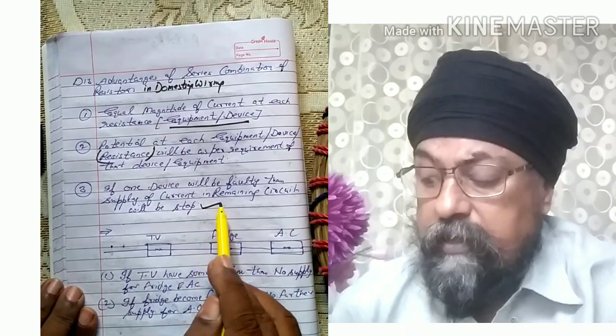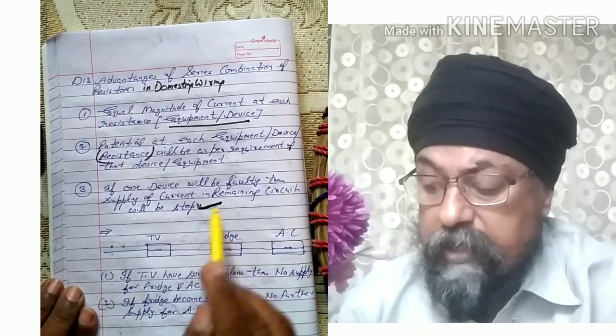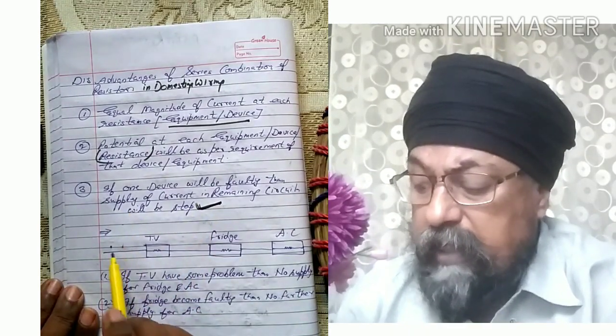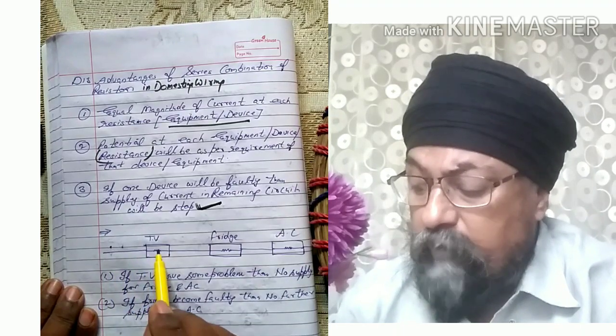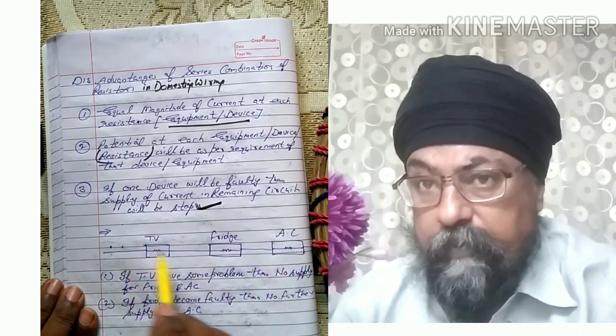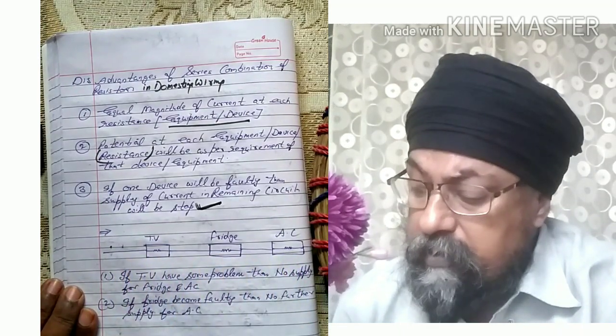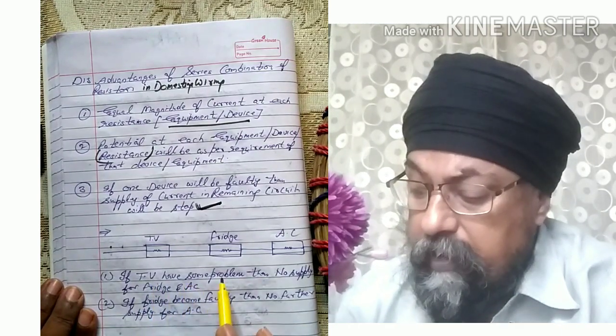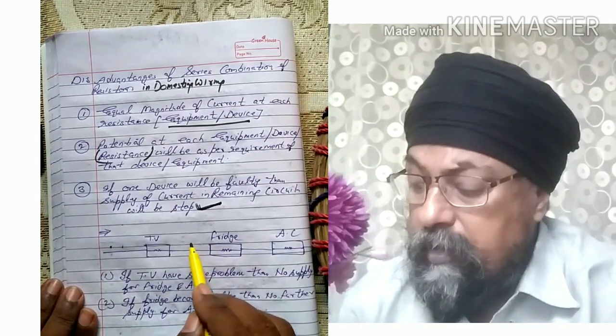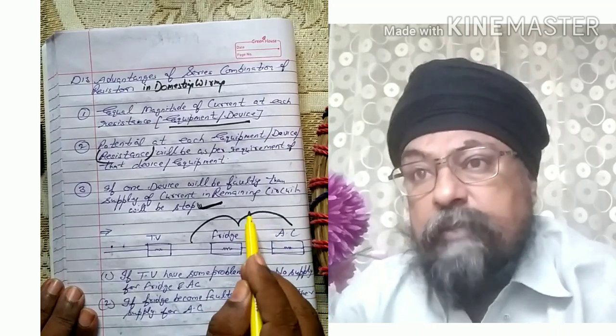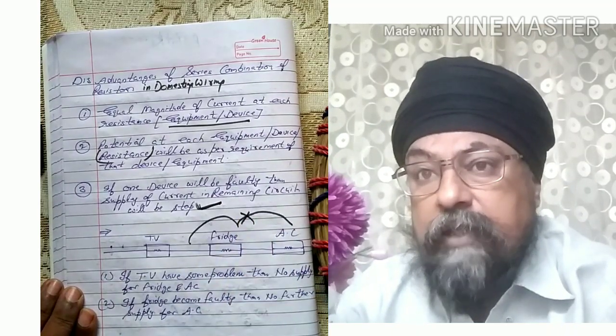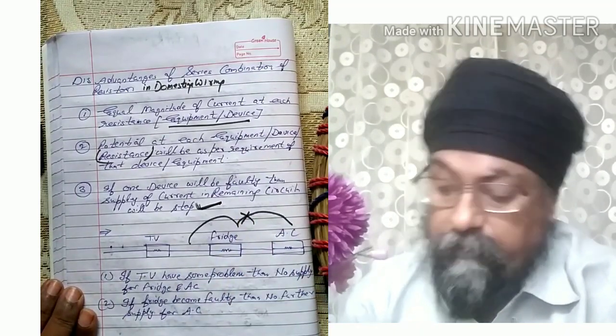Let me explain this disadvantage with an example. Let a TV, fridge and AC be connected one by one. If the TV has some problem, then there is no supply to the fridge or AC. That means if the TV stops working, then the fridge and AC also stop working.